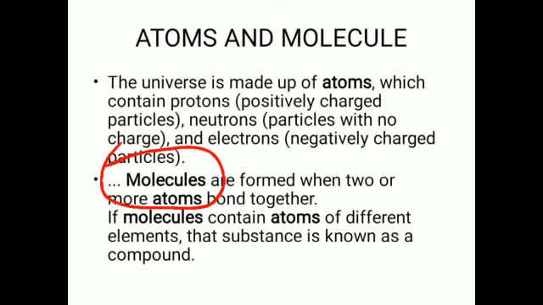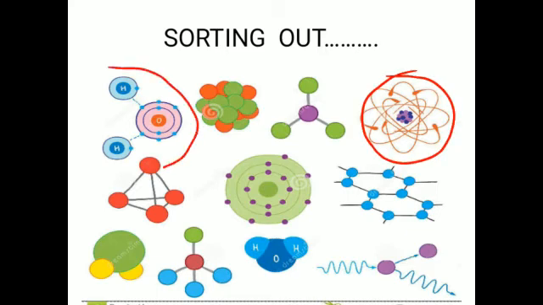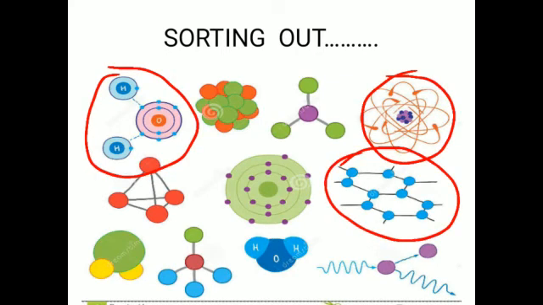Now, the definition will become easier when we cover a few examples. The atom is the smallest particle of matter, which consists of proton, neutron, and electron. But the molecule is the combination of atoms, may be same, may be different, which are chemically bonded.